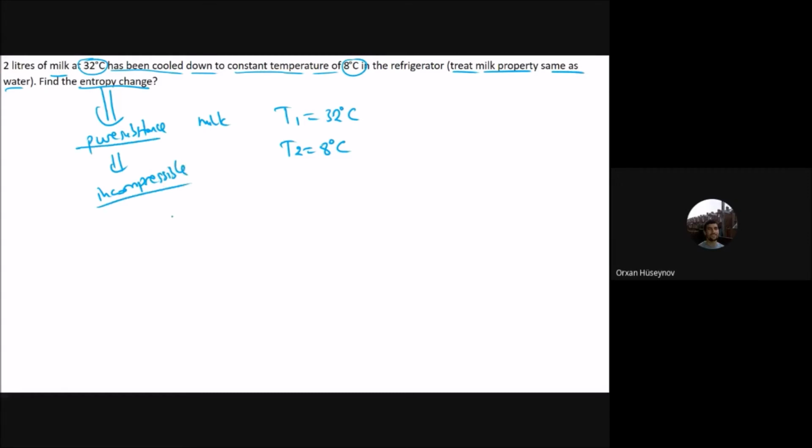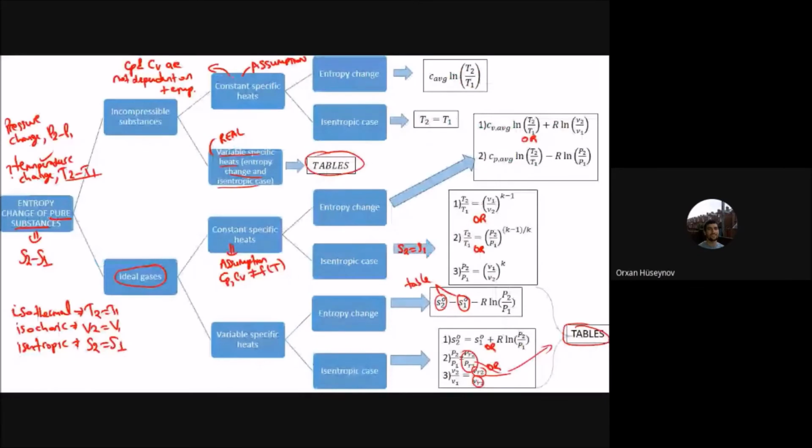Now I'm going to the first slide. I'm interested in the entropy change of pure substances, the incompressible one. So now comes the approximation. If I say that the Cp/Cv of the incompressible substance is constant, I will use this formula. But if it is not constant, if it is variable, then I should go to the table.